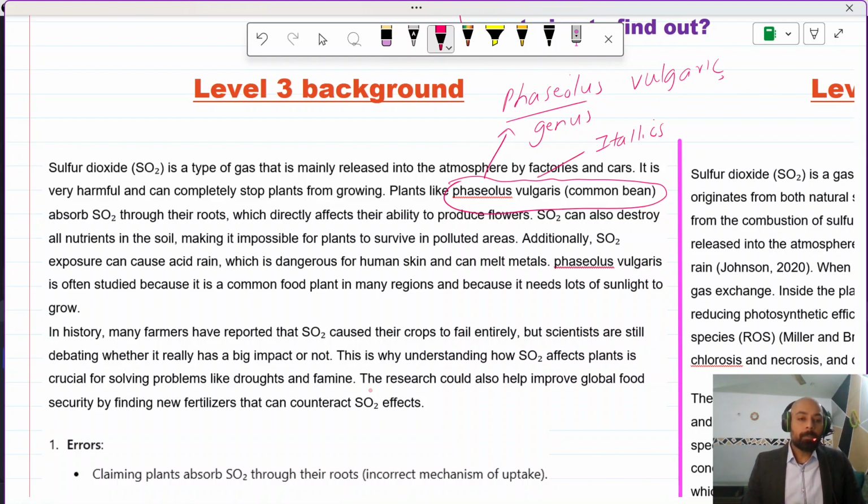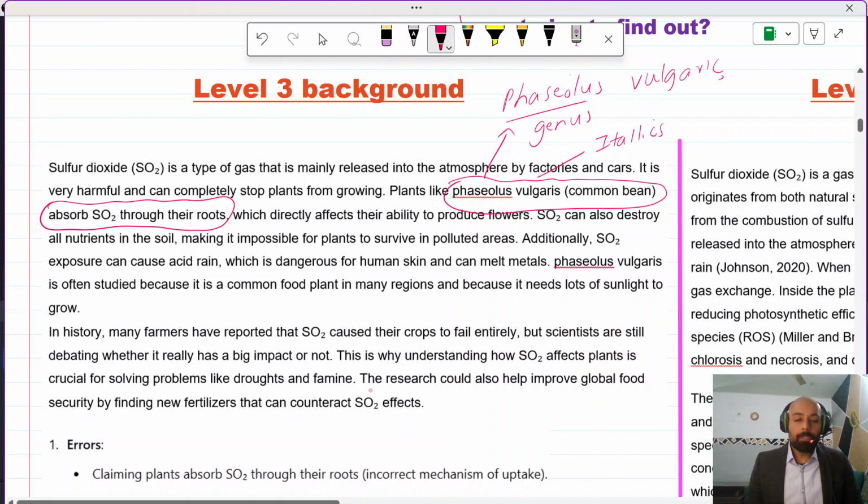right? That absorbs the sulfur dioxide from their roots, which directly affects their ability to produce flowers. Sulfur dioxide can destroy all the nutrients in the soil, making it impossible for the plants to thrive in polluted areas. Additionally, sulfur dioxide exposure can cause acid rain, which is dangerous for human skin and can melt. Now, as you see, the student is being too general, and it is also a blunder that the plants absorb sulfur dioxide through their roots.